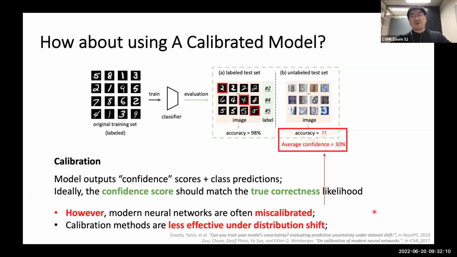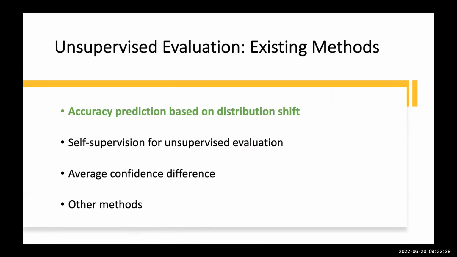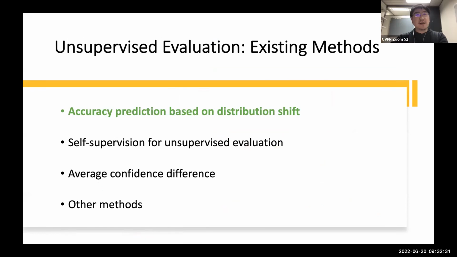Now let's talk about other solutions. In my talk, I'm going to give you an overview of what the community has been doing on this problem. A very intuitive solution is to predict the model's accuracy based on distribution shift.